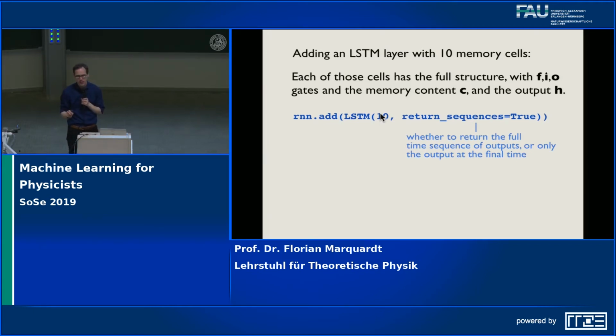And internally it will have all these forget gates and so on, but you don't need to care about them. And each of those can contain their own weights and so on, and they will be updated during training, but you never need to look at them, or you never need to care about them.